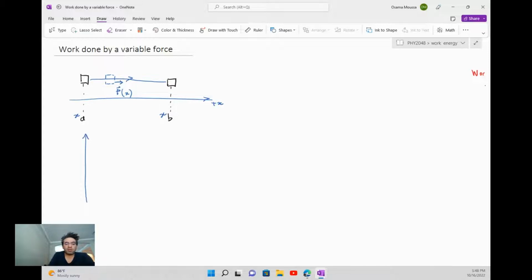Now, how does the force vary? Again, let me just think in general. I can write an expression of how F depends on x, but suppose in general I'm thinking about a force that changes with the position, something like this, for example. Just to give you an idea of how we're going to proceed with this kind of analysis.